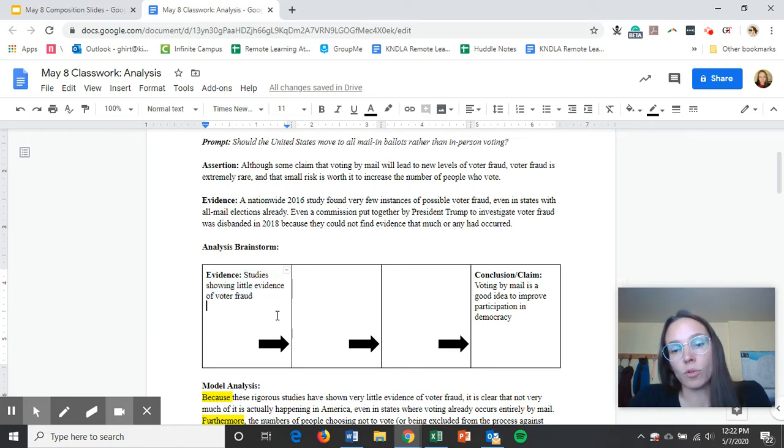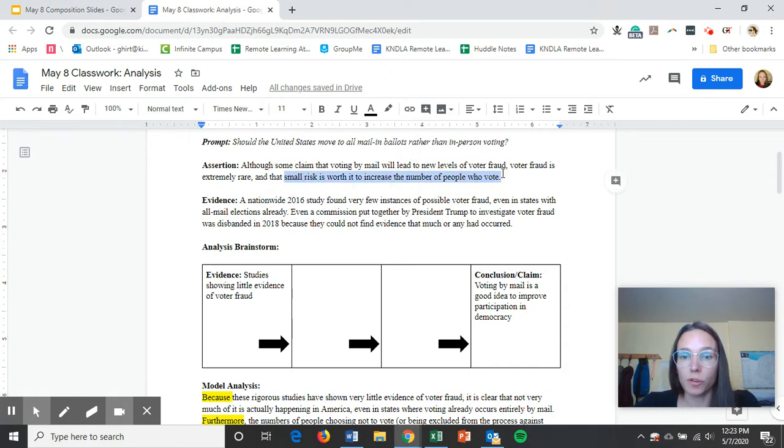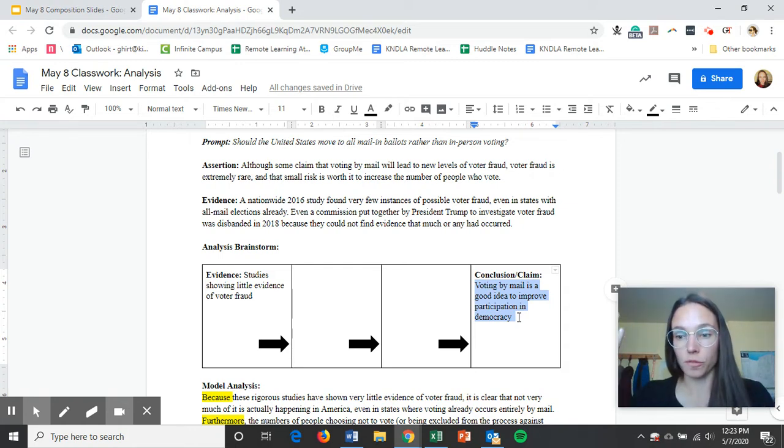So for the brainstorm, you want to figure out how you're going to connect this evidence to the claim that you're making, right? My claim, as I said in the assertion, is that small risk is worth it to increase the number of people who vote. So my claim is voting by mail is a good idea to improve participation in democracy, to increase the number of people who vote.